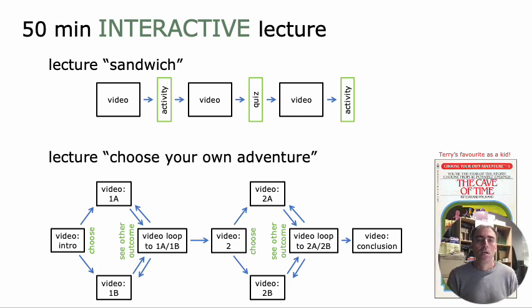The second, more complex version is a lecture choose your own adventure, where you've got these short videos and the student effectively follows the structure, but they get to choose the sequence of videos that they see.